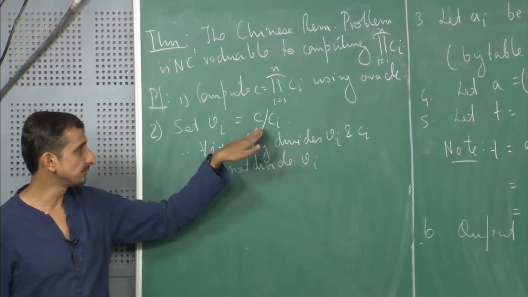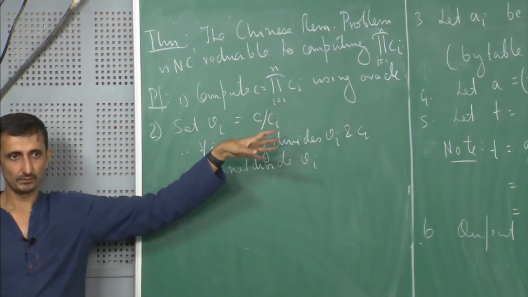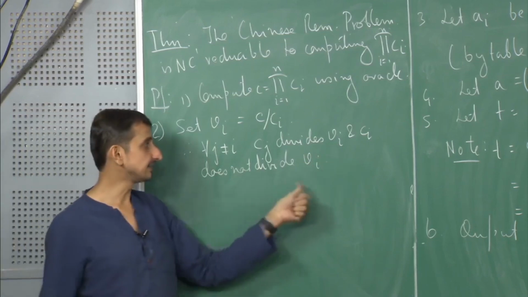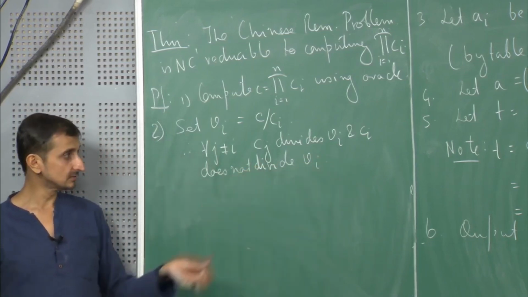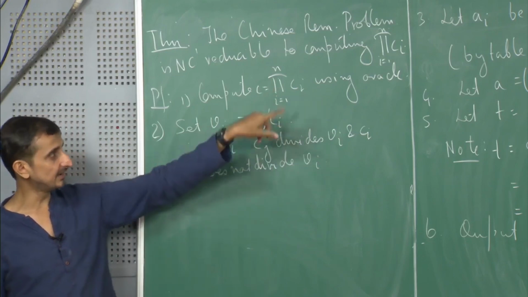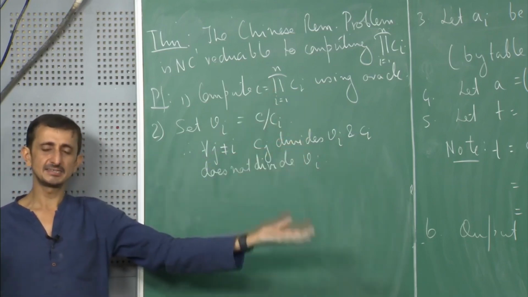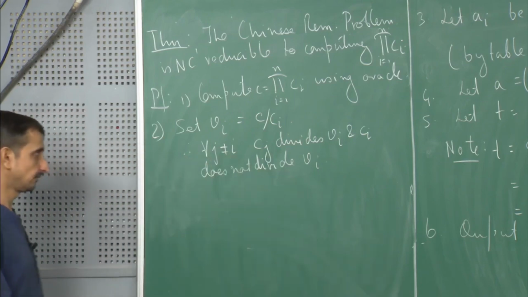Why can we say that Ci does not divide Vi? Cj divides Vi is clear because C is the product of all the other Cj's. Okay, so they must be dividing this. But why can I say that Ci does not divide Vi now? Because by our initial assumption that all the Ci's are co-prime, none of the other Cj's has Ci as a factor.